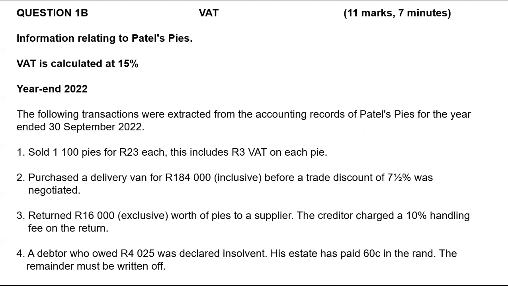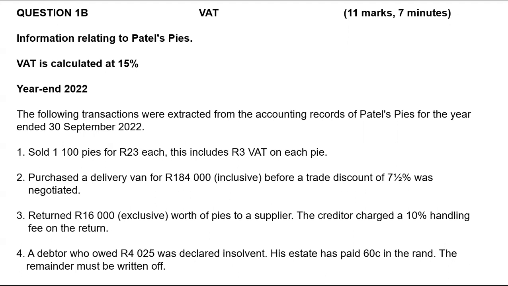Remember that, okay? Now, I'm going to start by defining what VAT output is. VAT output is basically us collecting the VAT, and then we need to pay it over to SARS. So we are the VAT collectors. What else?